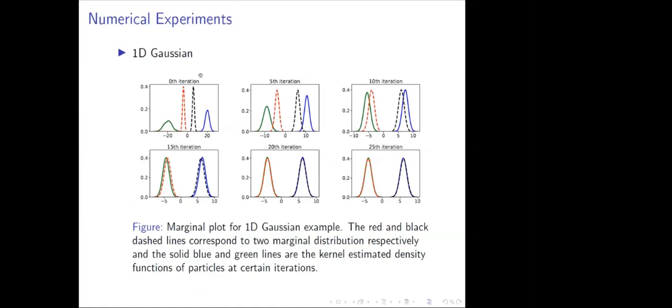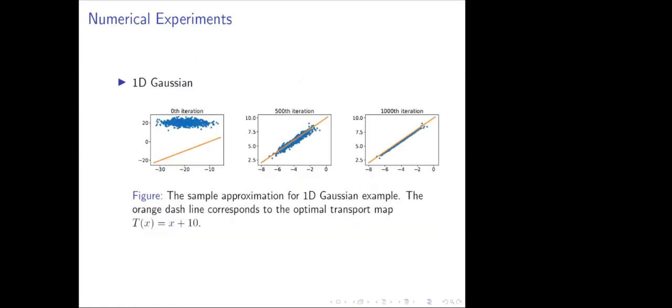After some iterations, the marginals estimated from the particles should coincide with the given marginals, and we do observe that. The first plot shows the correctness of our marginals computation, and the second one shows the samples representing the optimal coupling.